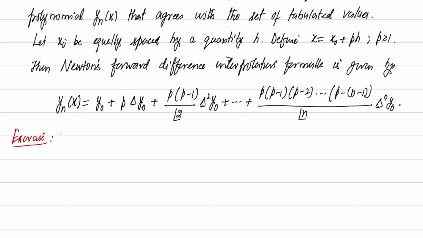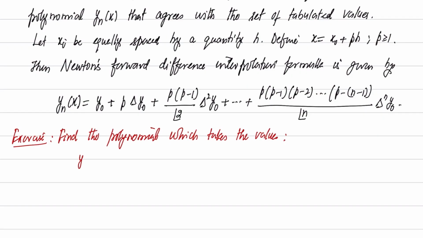Find the polynomial which takes the values y of 1 equal to 24, y of 3 equal to 120, y of 5 is equal to 336, and y of 7 is equal to 720.